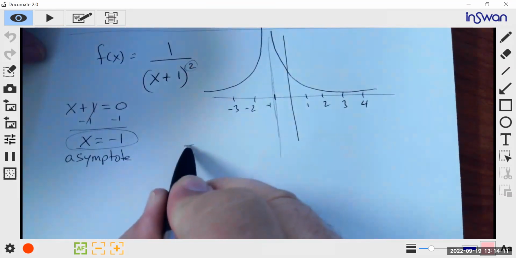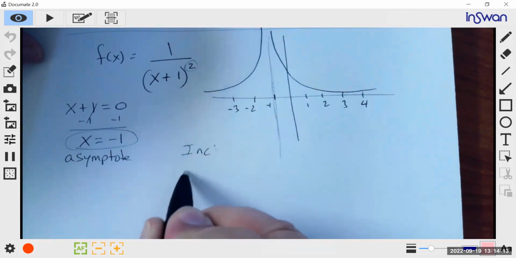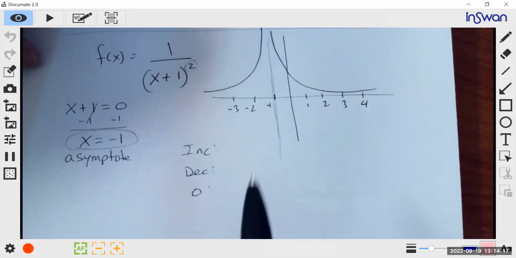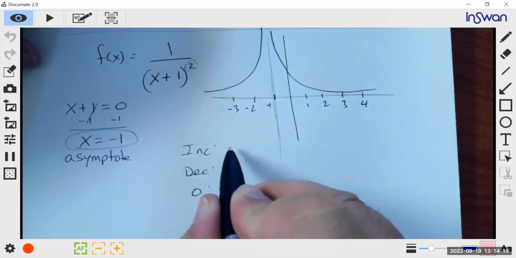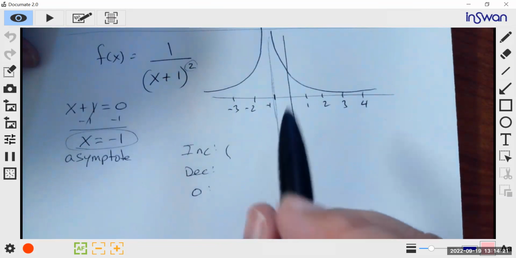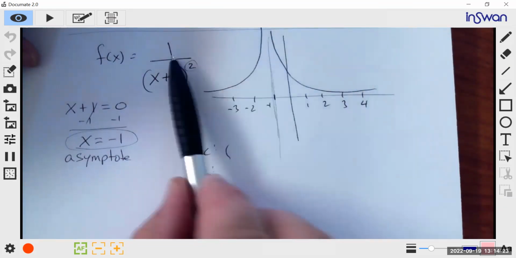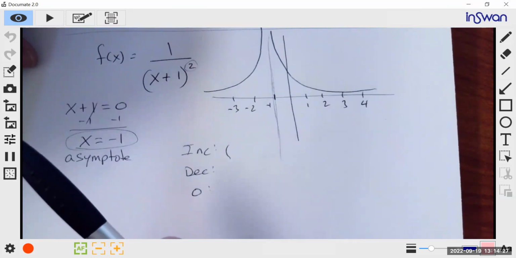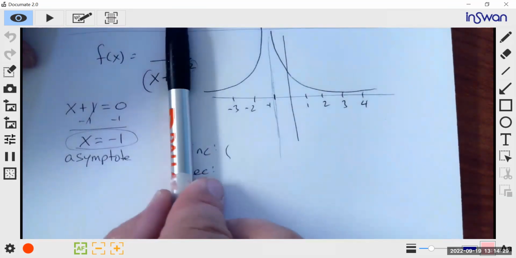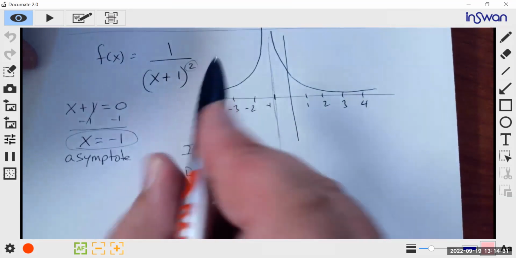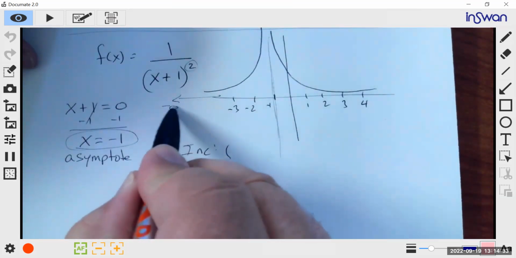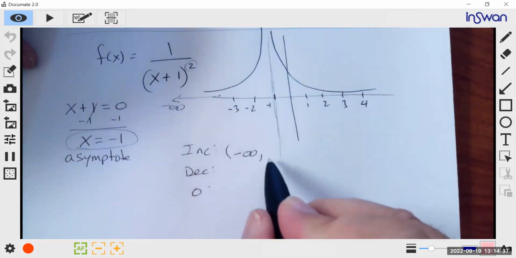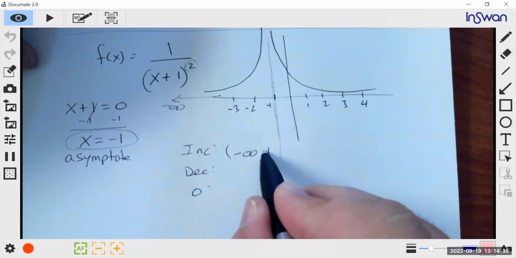So where is it increasing? Is it the left side or right side? It can't be both. Just the left side. And where does it start? Negative infinity, and where does it stop? -1, very good.